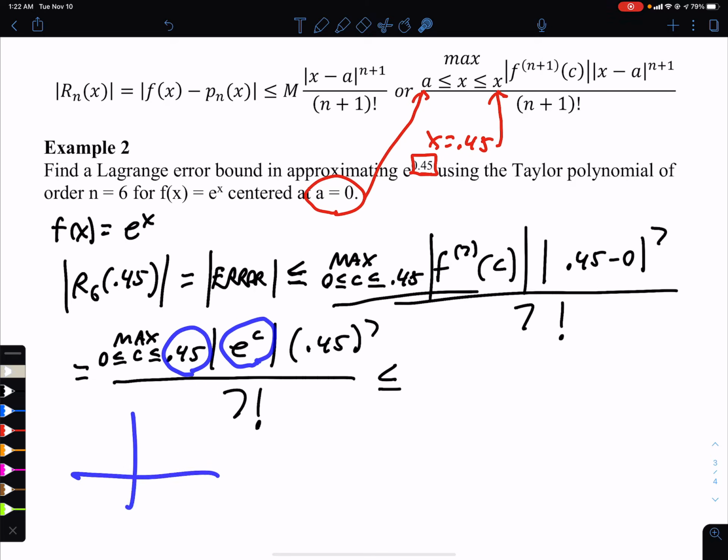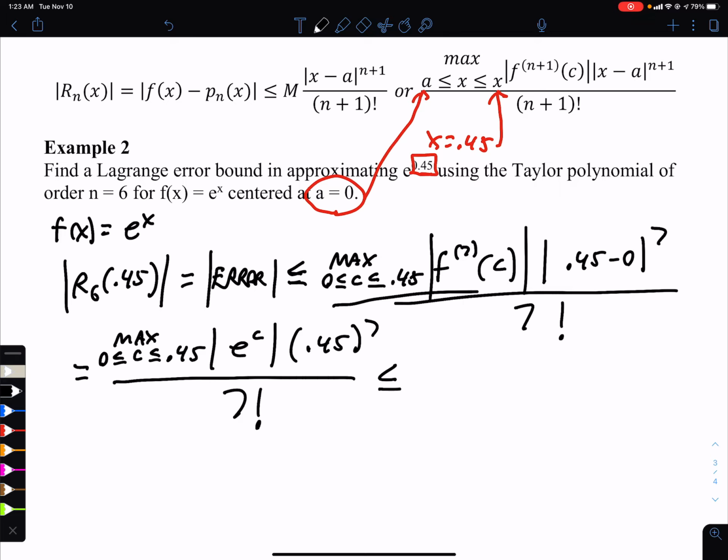Now the e function looks like this. The farther right you are, the bigger it is. So at 0.45, that's going to be the biggest value, right? Technically it's e to the 0.45, but that's what we're trying to find. So I can't use that for my error bound. So I have to use some logic.